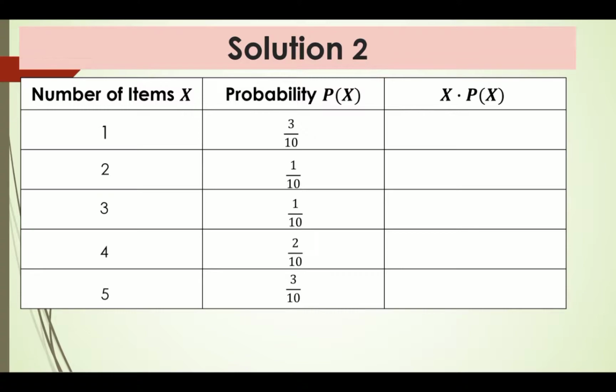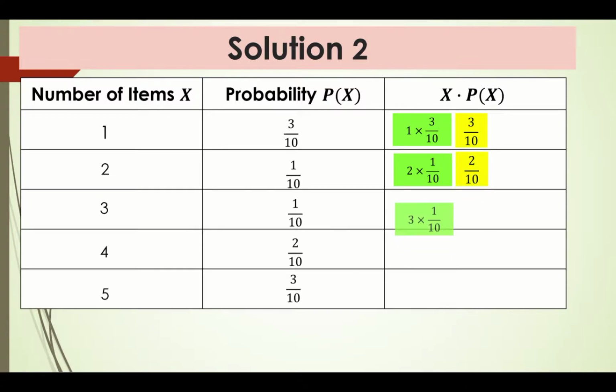First, we multiply 1 by 3 over 10, which is equal to 3 over 10. Second, we multiply 2 by 1 over 10, which is equal to 2 over 10.